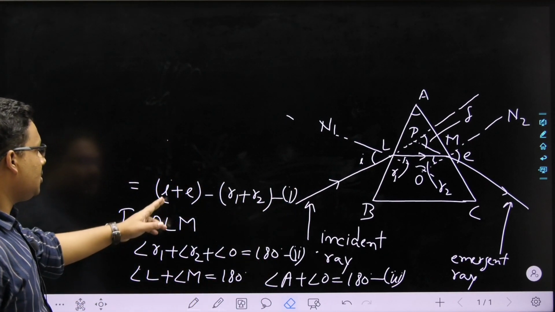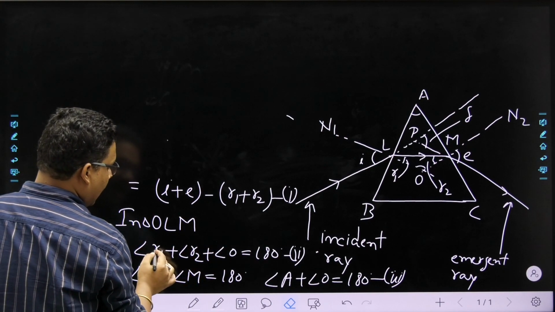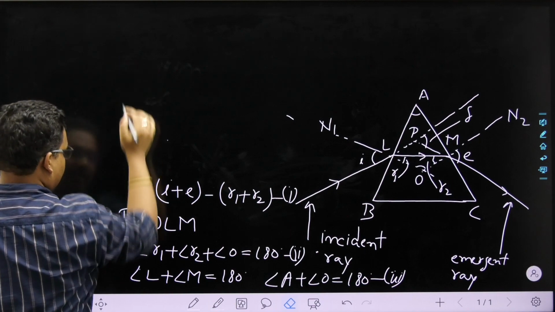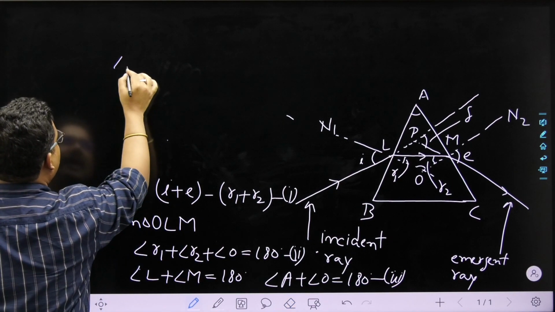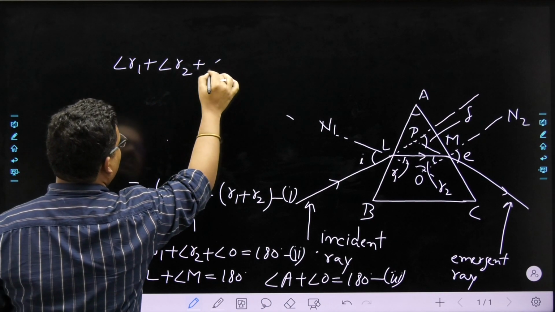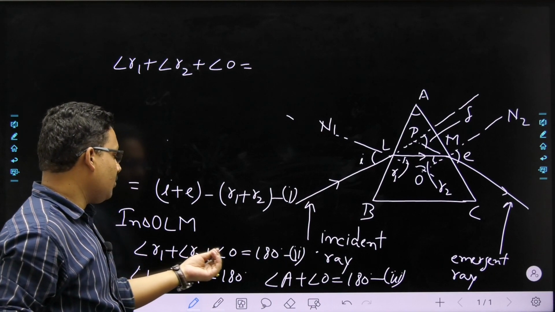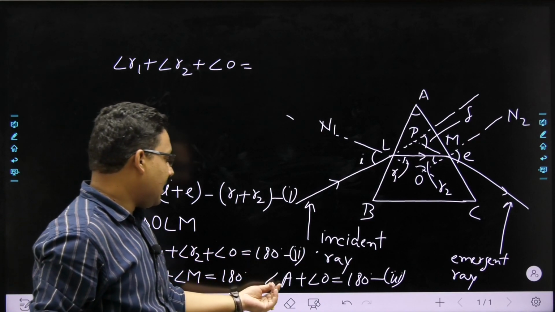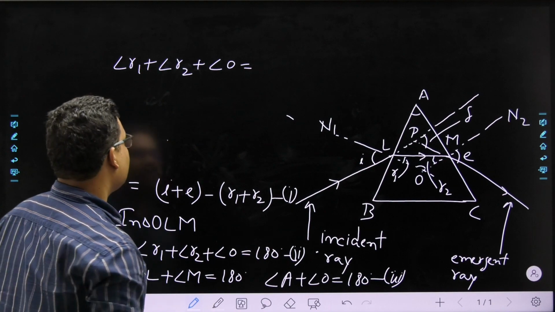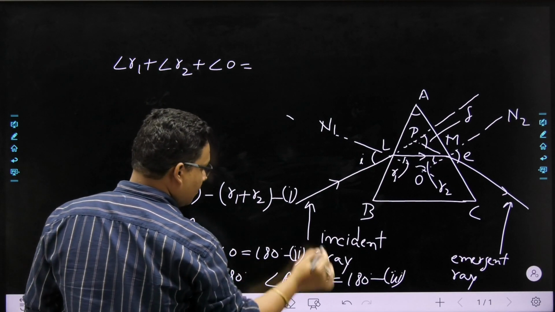If we equate these two equations, what will happen? Angle R1 plus angle R2 plus angle O equals 180, and also angle A plus angle O is 180. So this is equal to this one.